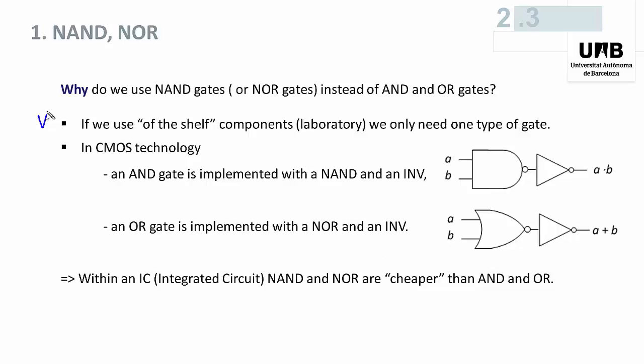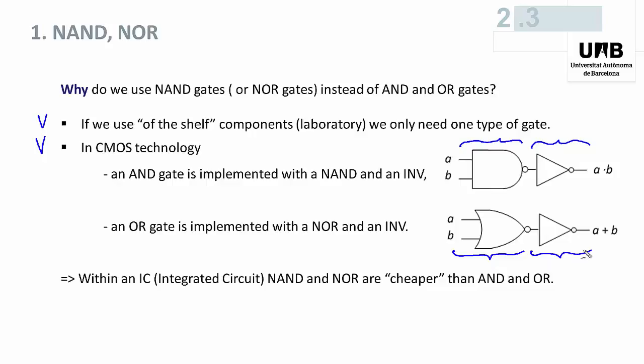Perhaps the first reason is that if we use off-the-shelf components, for example in the laboratory, we only need one type of gate instead of two. But the most important reason is this one. In CMOS technology, a NAND gate is implemented with an AND and an inverter, and an OR gate is implemented with an OR and an inverter.